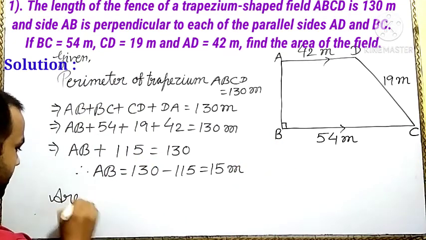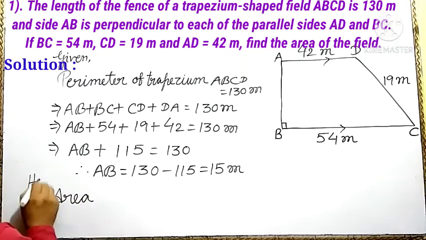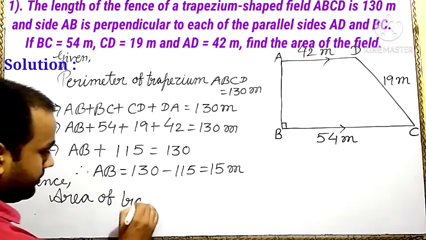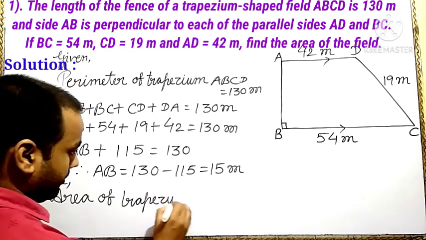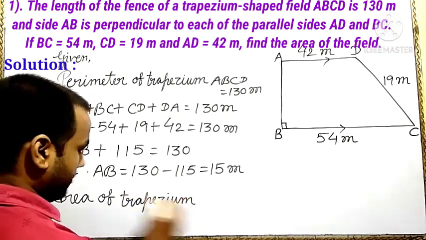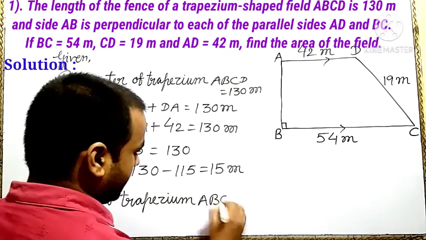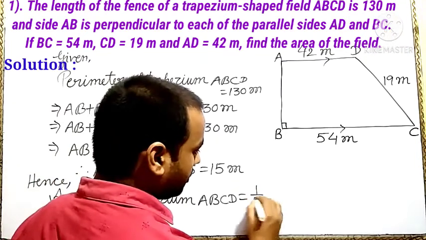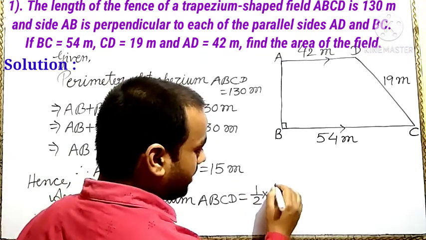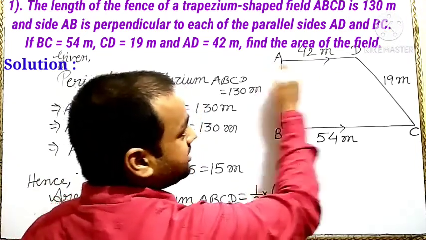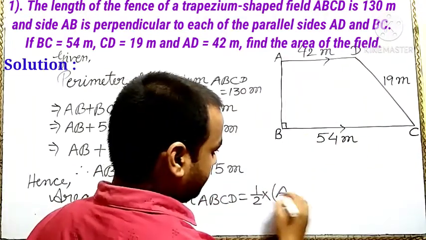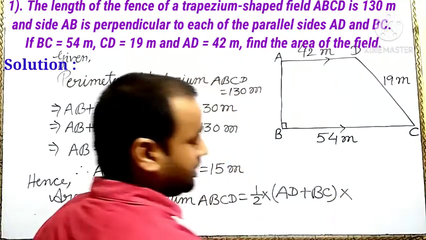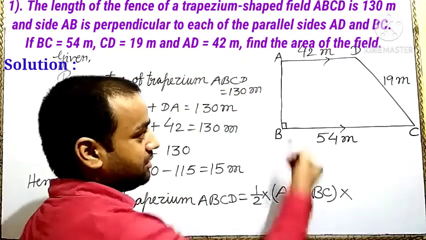So hence, area of trapezium ABCD is equal to, we know that half into sum of parallel sides. So here parallel sides AD and BC into distance between them. So means here height.